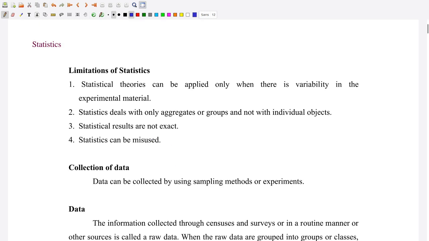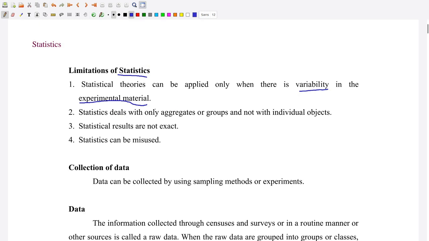What are the limitations involved with studying statistics? It could only be applied to certain things. For example, where there is variability in the experimental material. The experimental material keeps on changing. In that case, we say we cannot apply statistics.